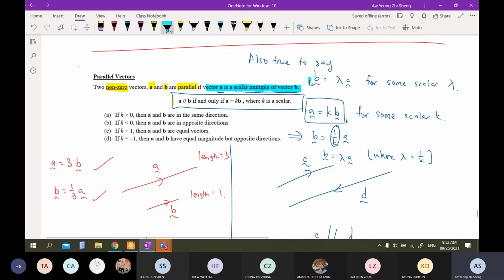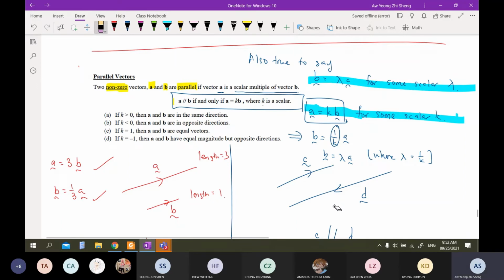So the two statements that I color in light blue actually mean the same thing, because you can always obtain one statement from the other just by moving the scalar to the other side and then renaming it.